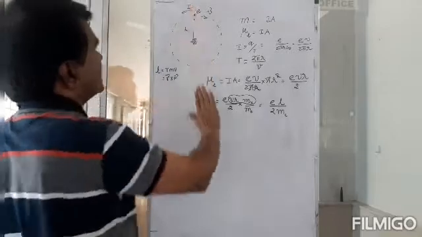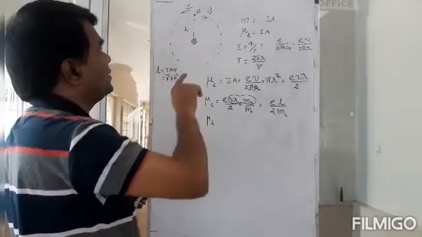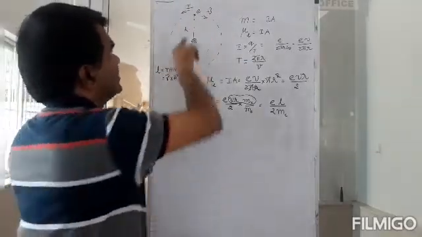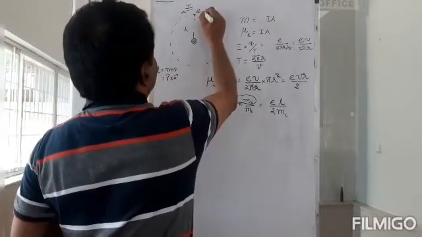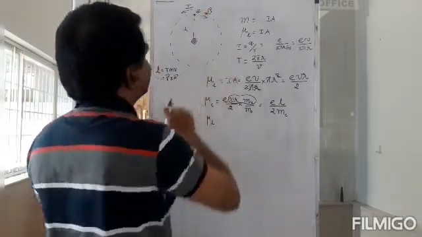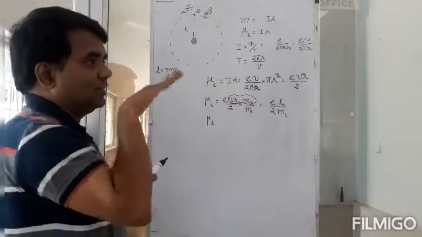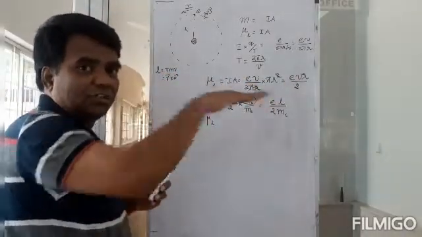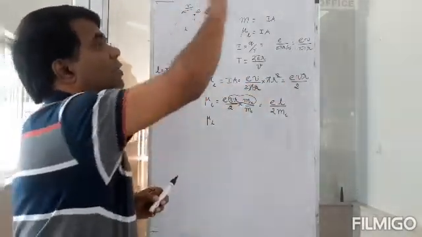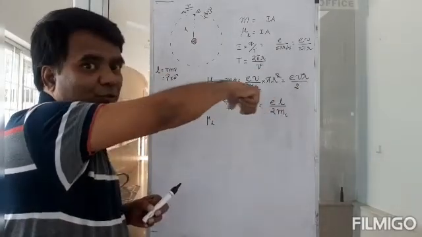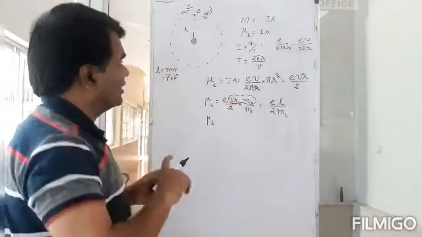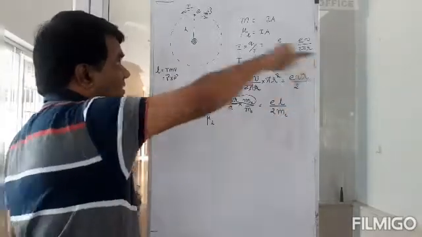So r is in this direction. Momentum of the electron will be in this direction, right? Mass into v, that's my p. Velocity of the electron is in this direction. So r cross p is inwards. Okay. So L direction is inwards.